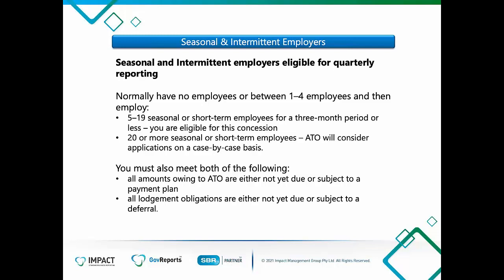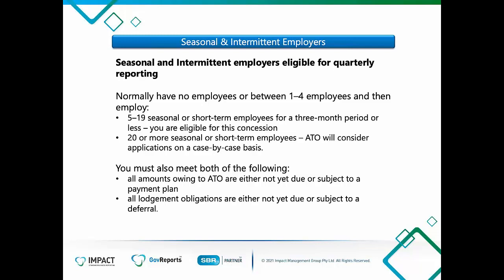So you'll see that the ATO's definition is that they employ 5 to 19 short-term employees for up to 3 months or less, and then they're eligible for the concession. And that is putting in the quarterly reporting. Now, this quarterly reporting is staying, but they are actually lumping these seasonal and intermittent employers in under micro employers.